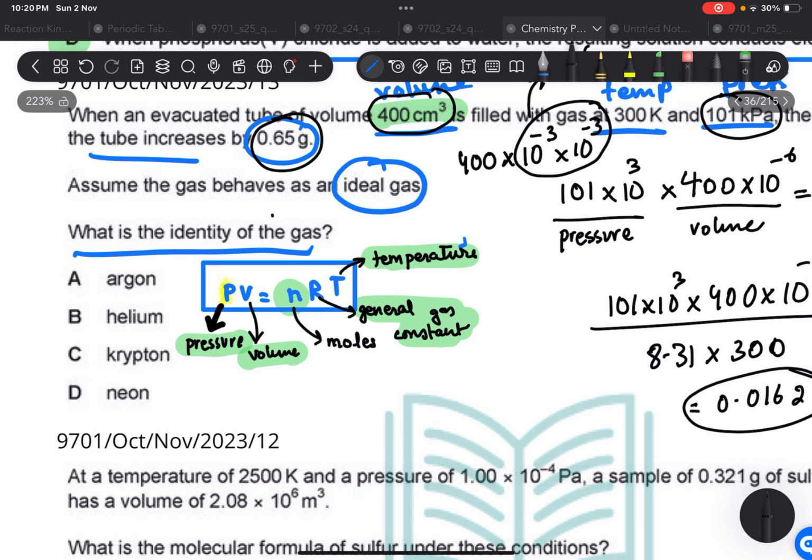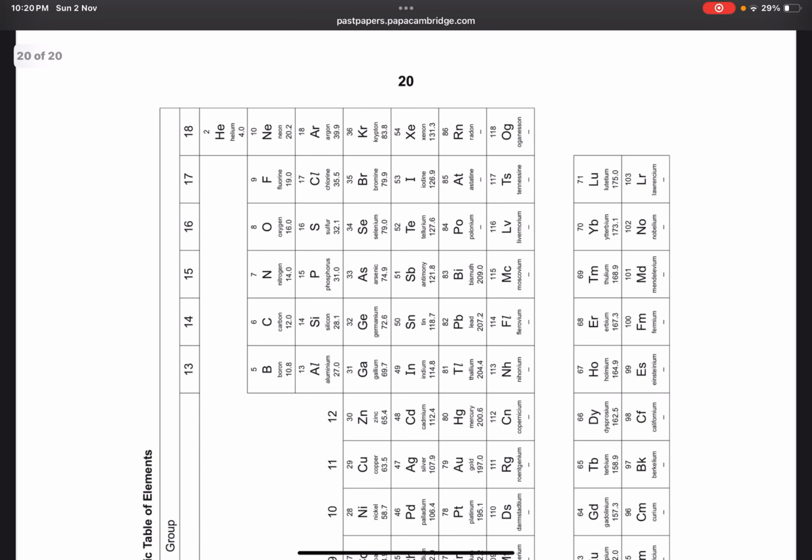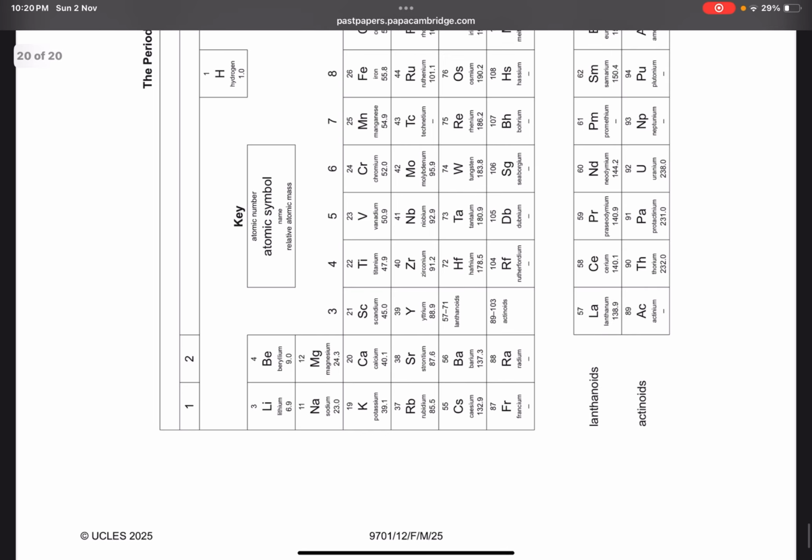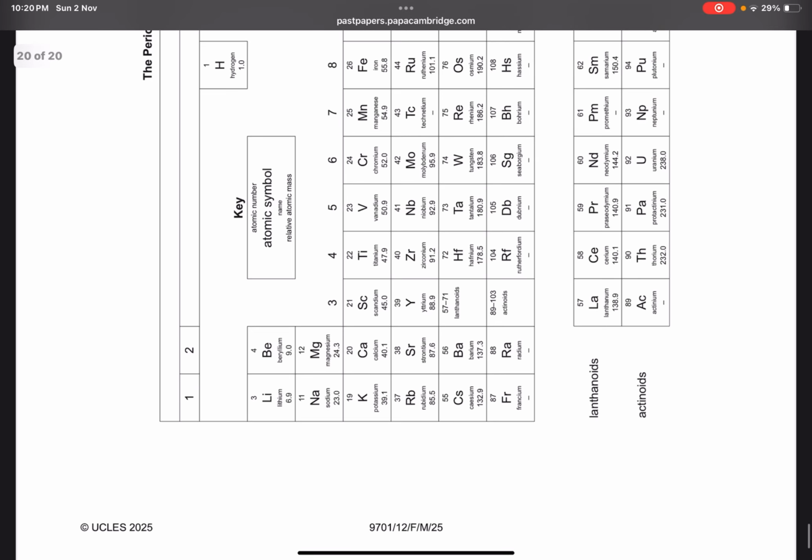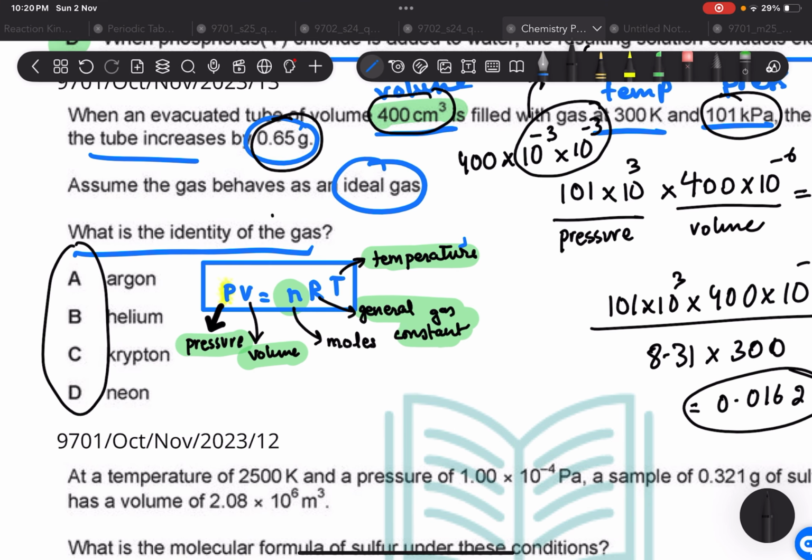So our MR comes out to be 40.1. So which gas has an MR of 40? For that we need to consult the periodic table. In the periodic table we need an MR of 40. So what's going to be the gas? Calcium is the element which has an MR of 40. But it can't be calcium. Why can't it be calcium?